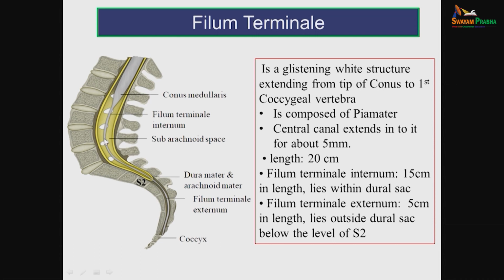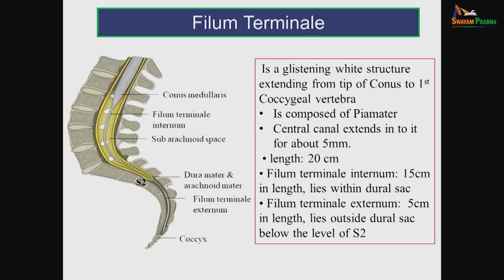So, the subarachnoid space also extends till the level of S2. The part of the filum terminale within the dural sac or the subarachnoid space, which is 15 centimeters long, is called filum terminale internum. From S2 to the dorsal surface of the coccyx, this part of the filum terminale is called filum terminale externum.